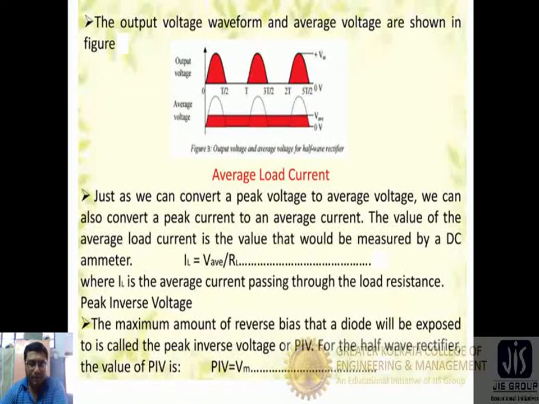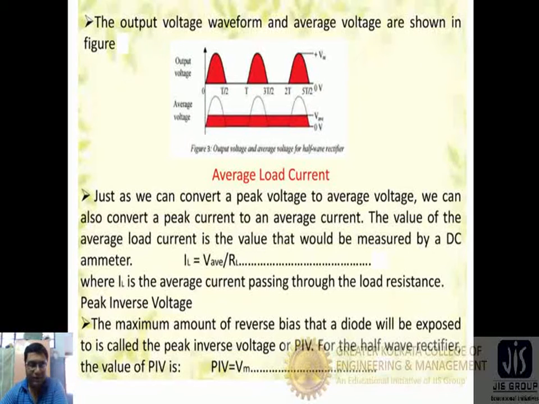Peak inverse voltage. The maximum amount of reverse bias that a diode will experience is called the peak inverse voltage, or PIV. It is also a very important thing. For the half wave rectifier, the value of peak inverse voltage is Vm, where Vm is the peak voltage of the input signal.